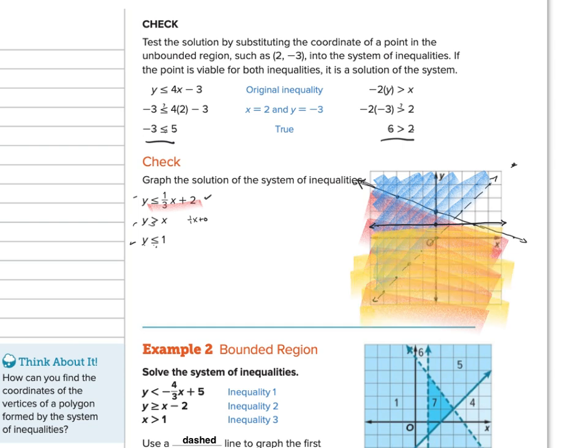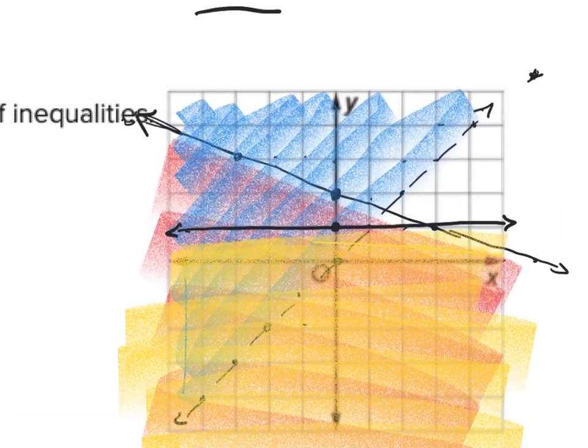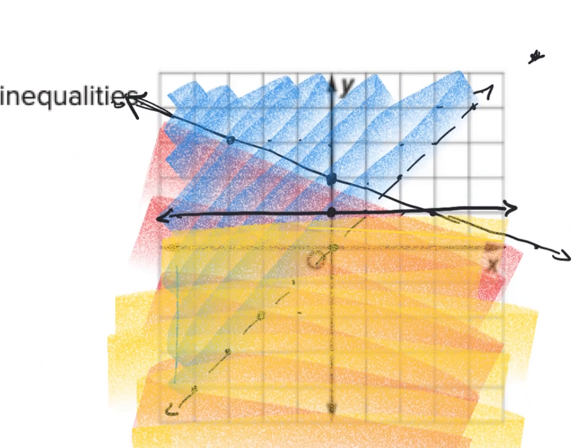And it turns out that if I zoom in, the solution area is going to be where these three overlap, which is this area, I think, right here. Nope. Let's see.